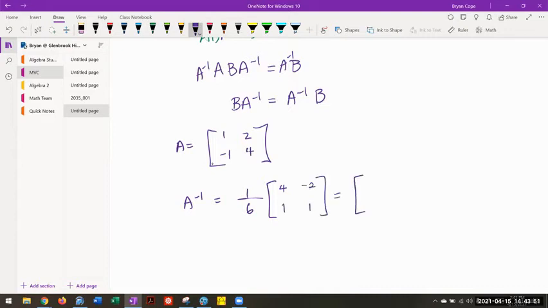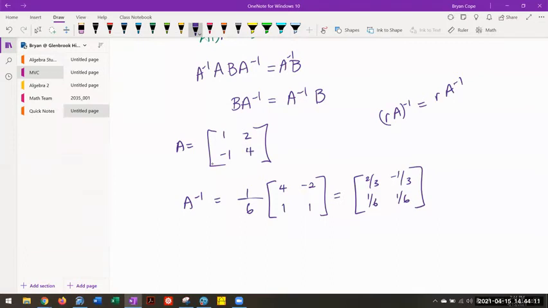So let's clean it up. It's going to be 2/3, -1/3, 1/6, and 1/6. We're trying to prove that RA inverse equals or does not equal, we're not sure, R times A inverse.